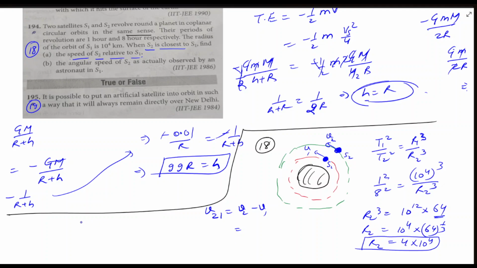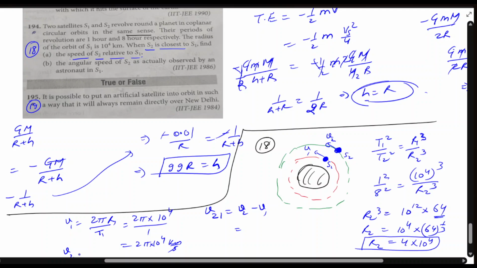V1 will be 2 pi R1 upon T1. So 2 pi R1 is 10 raised to power 4, and T1 is 1. So we will have 2 pi into 10 raised to power 4 kilometer per hour.